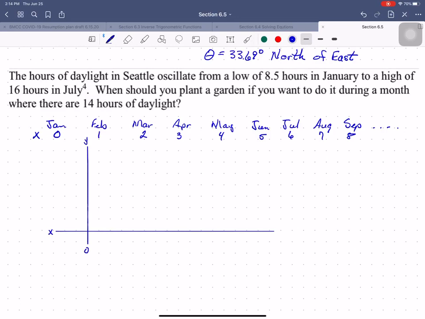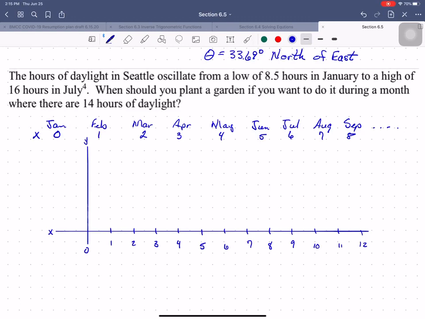This is 0, 1, 2, 3, 4, 5. Now I only went out to 11. Why? Well, because remember that my months are off by 1. If I go to 12, that's going to be January again.